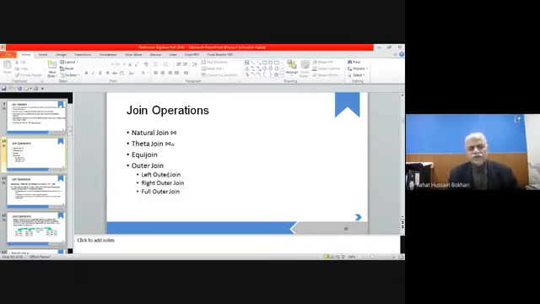Within join operations, we will study the natural join, with its symbol, and theta join, which is appended with the symbol theta. And we have equi join, in which the condition is that the two attribute values should be equal. The further operations are outer joins, and for the outer join we have left outer join, right outer join, and full outer join.